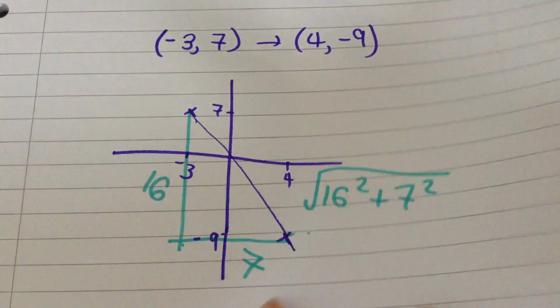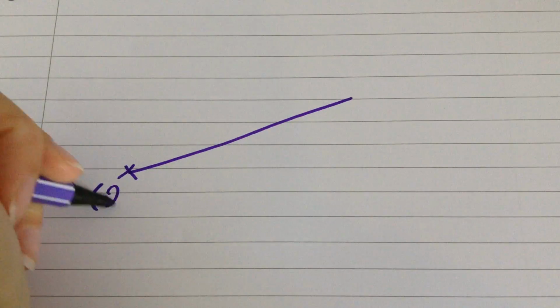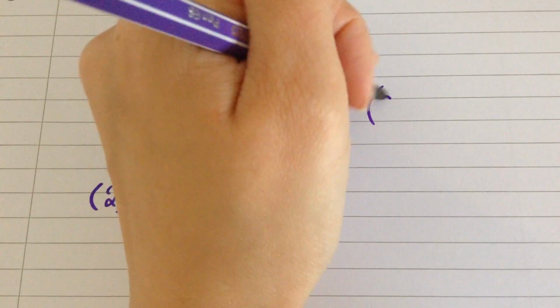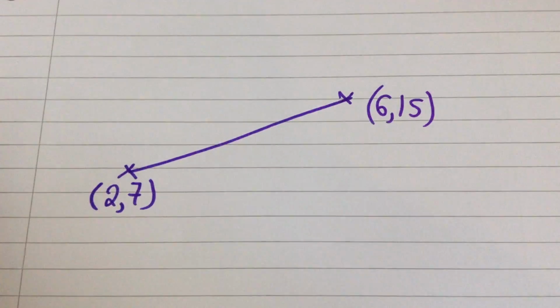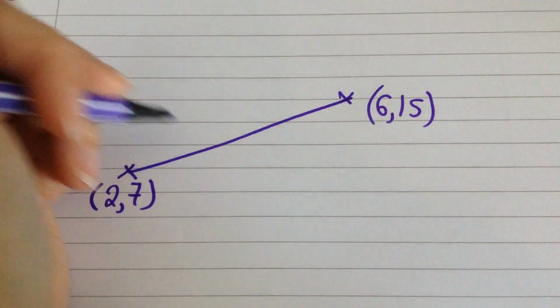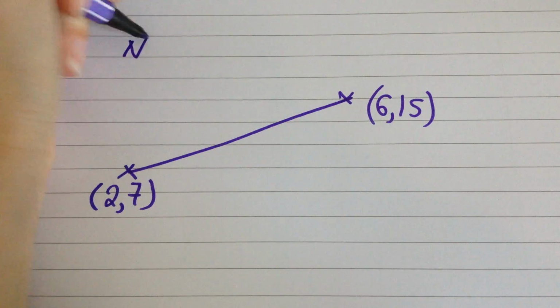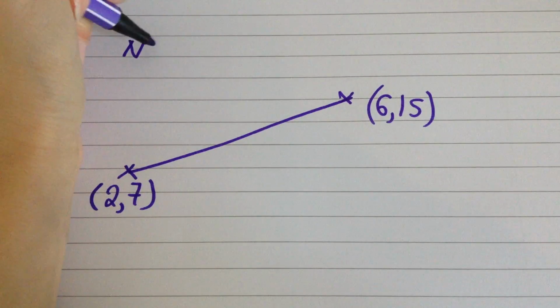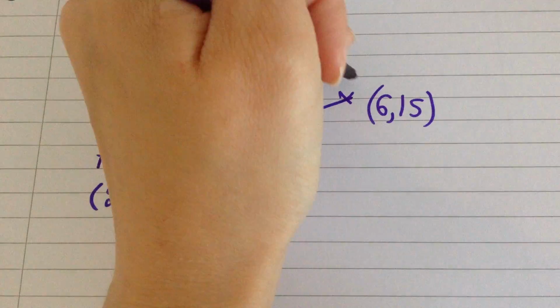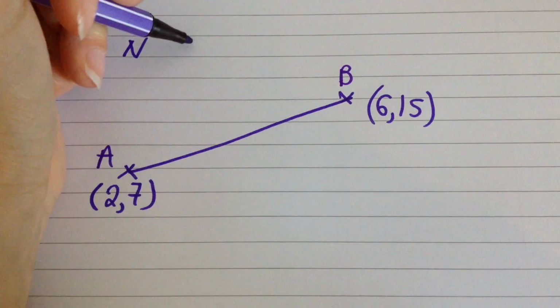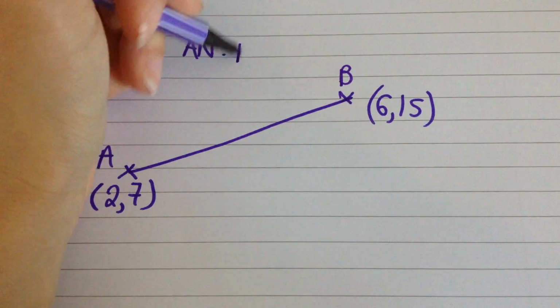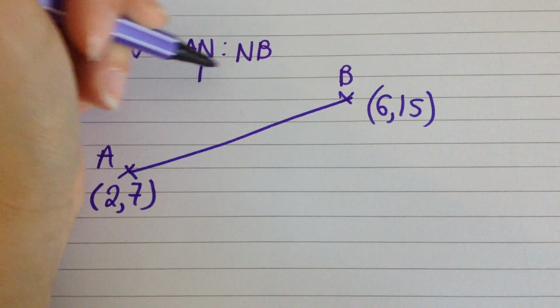But what if it said something like, you've got a line, and this point is (2, 7), and this point here is (6, 15), and you've got a point N which divides it, let's say this is A, this is B, so that A to N to B is in the ratio of 1 to 2.